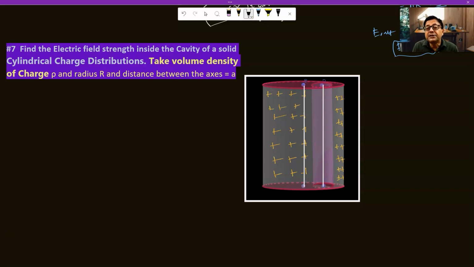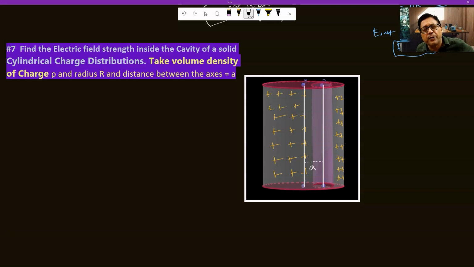The distance between these two axes is given as A. Your problem is to find the strength of the electric field at any point inside this cavity, not on the axis. Apart from the axis of this cavity, we are taking any point in it.